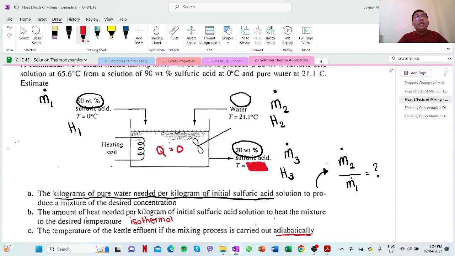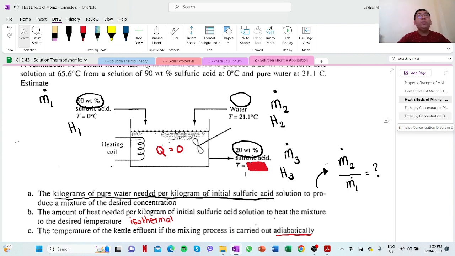We need to use a graph for this one because we are actually going to make a line in the diagram and find out what final temperature the mixture will be if the process is adiabatic. That means you are not going to allow energy to come in. You're also not going to allow the energy to come out to maintain a temperature.